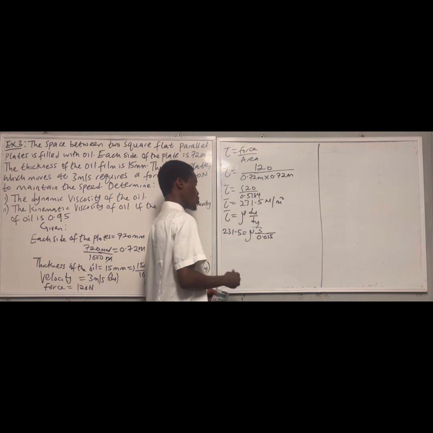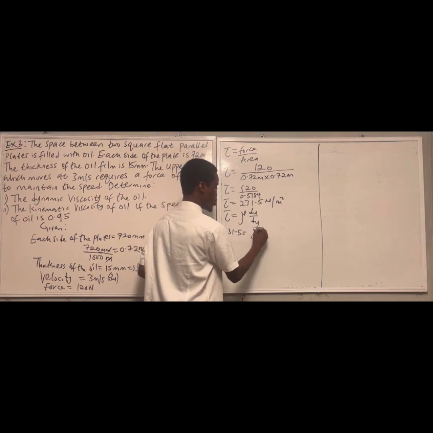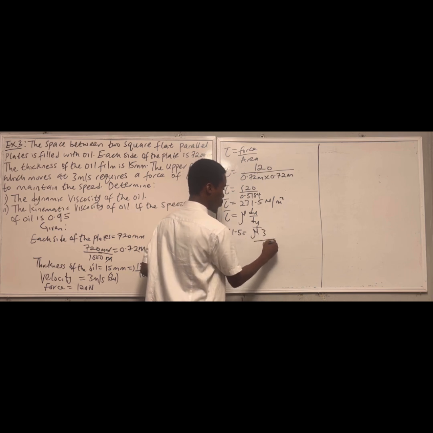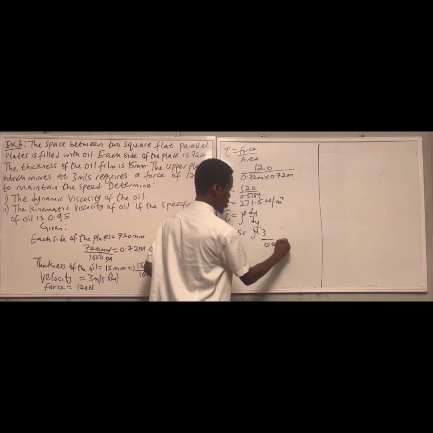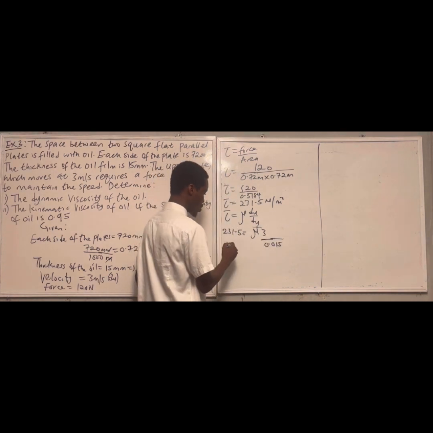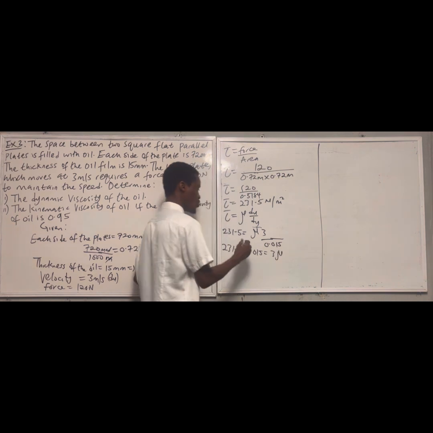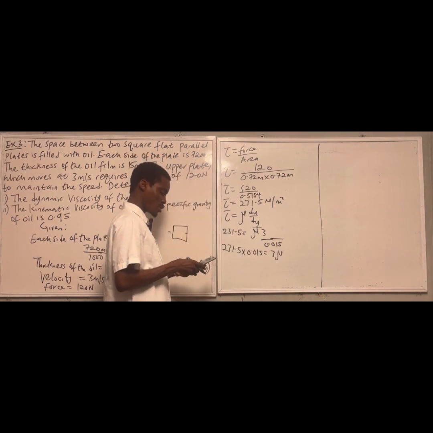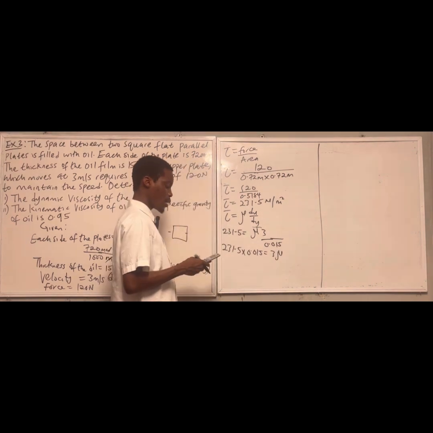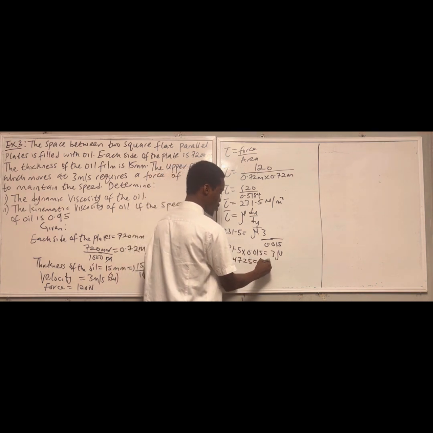So we want to calculate for mu. Our mu is 231.5 equal to mu times 3 all over 0.015. So we can cross multiply: 231.5 times 0.015 is equal to 3 mu. If I multiply 231.5 times 0.015, I'm going to have 3.4725 is equal to 3 mu.